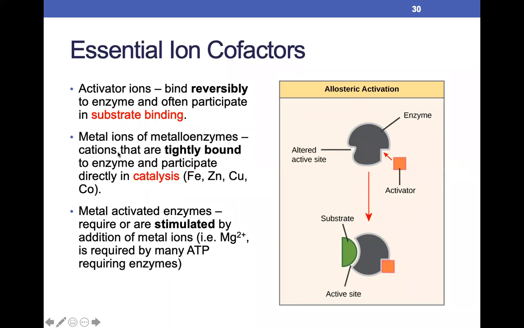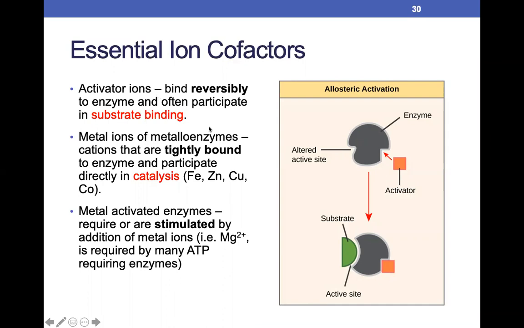In contrast, metal ions of metalloenzymes are tightly bound and have a very direct effect. They're so associated with the enzyme. If you see tightly bound in an MCQ, that is a dead giveaway. They have a direct effect of catalyzing the substrate, so if I took the substrate, it would directly break it down.